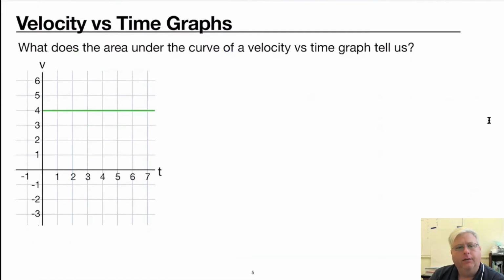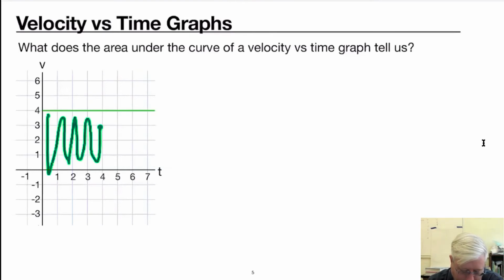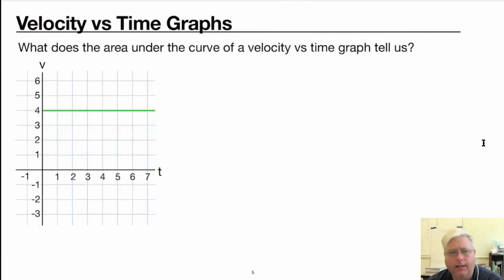All right, so analyzing these graphs, we make some interesting connections. If we were to find the area under the curve of this graph, what might that be? What information will that tell us?